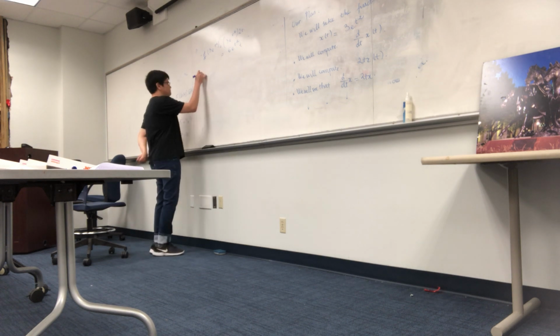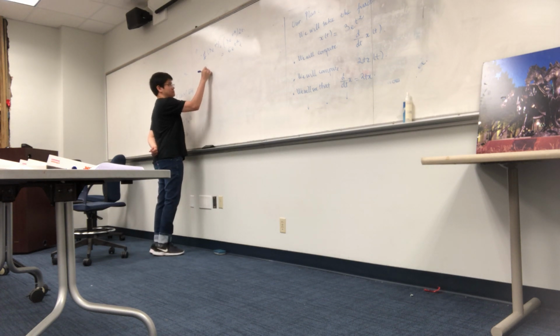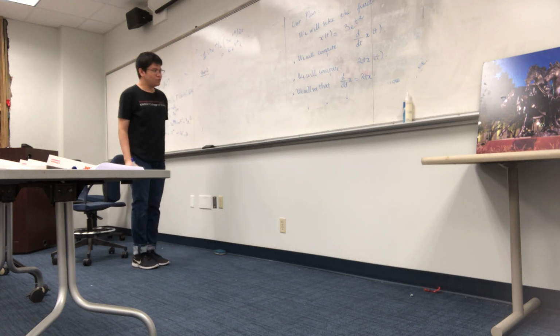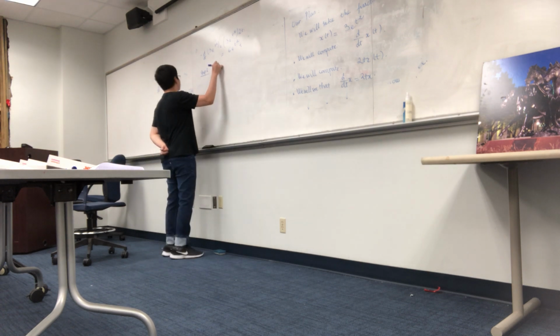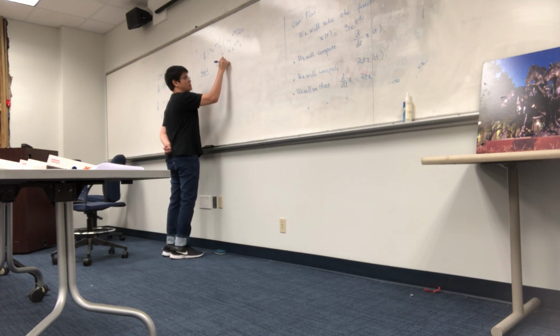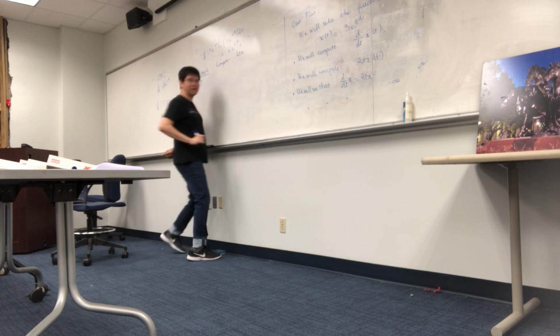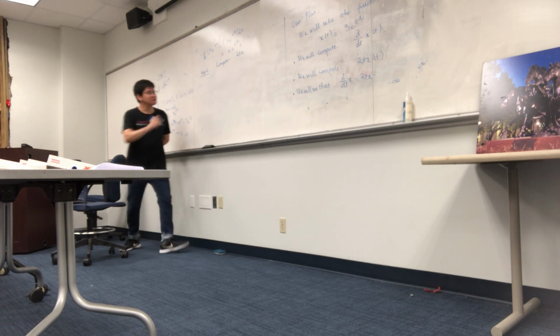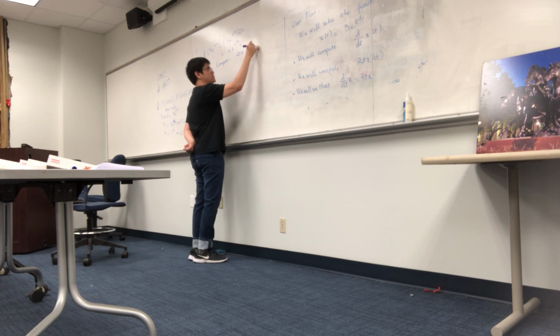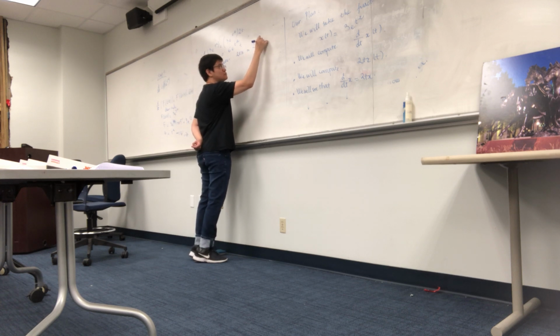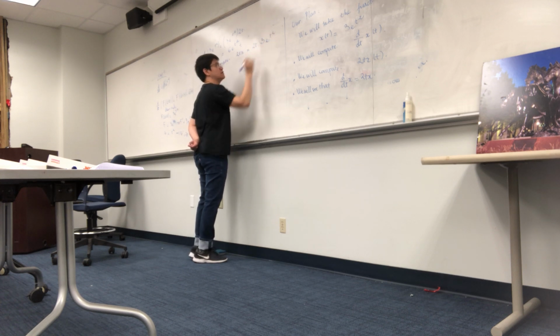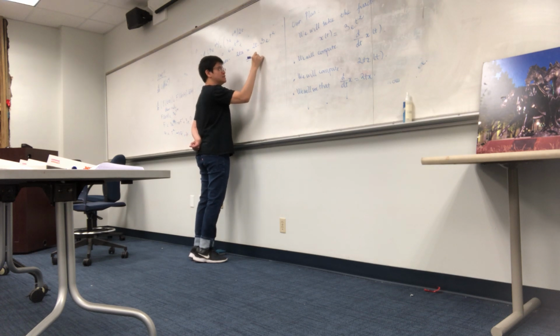Now, second step. What I have to do is compute 2t times x. This is quite straightforward because I have 2t times 3 times e^(t squared), so this is going to be 6t e^(t squared).